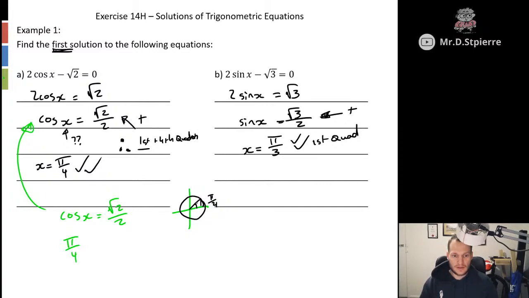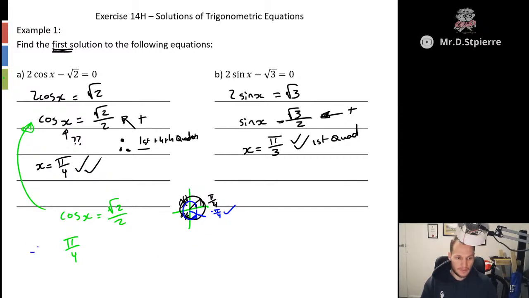When is the next time that's true? Well, cos is a horizontal component. It needs to be positive. So not in the second quadrant, not in the third quadrant. But if I also drew in another line there, at negative pi on 4, that would also be true. Or we could think of that as going all the way round.